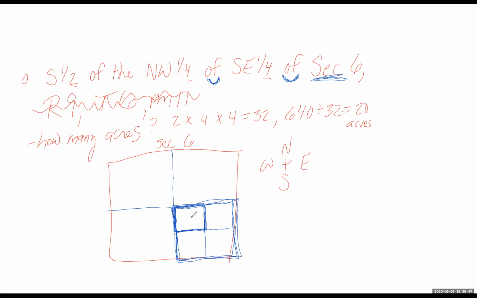That's the northwest 1/4 of the southeast 1/4 of section 6. And then here's another of, southern half. The southern half of the northwest 1/4. So we take this in here.